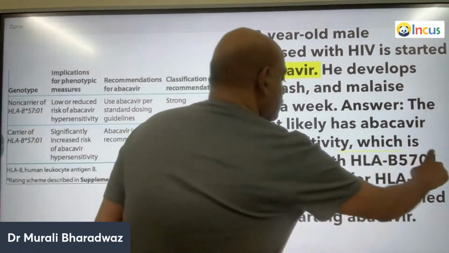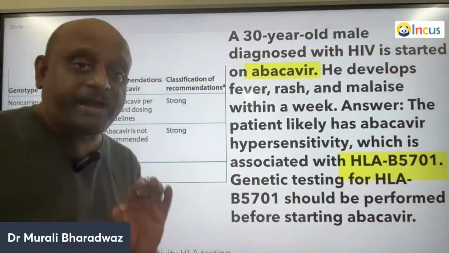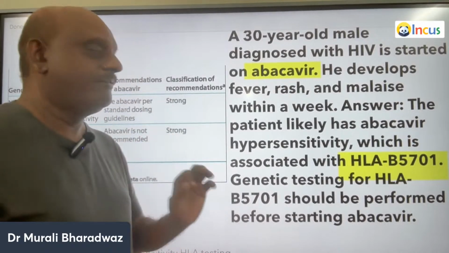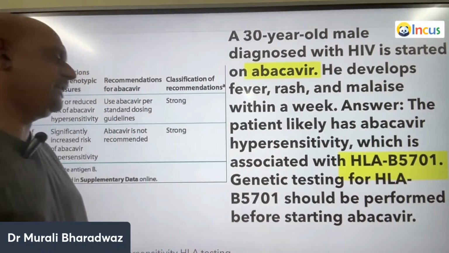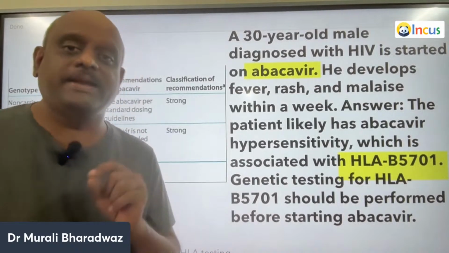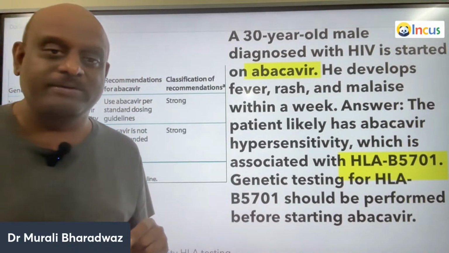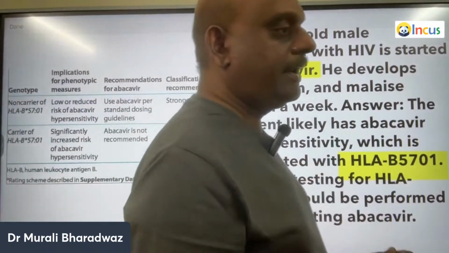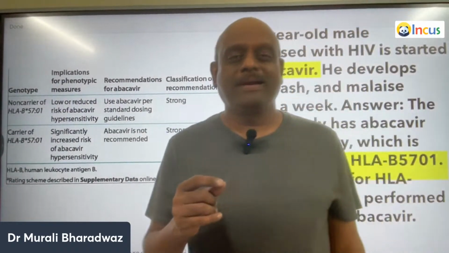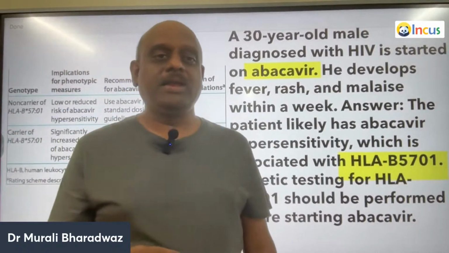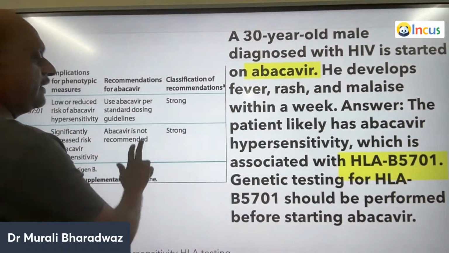And it is often associated with HLA-B*5701. So that is the reason you need to do the genetic testing for HLA-B*5701 whenever you are starting abacavir as a part of highly active antiretroviral therapy, is what you should understand.